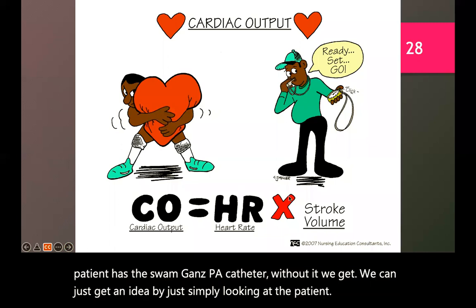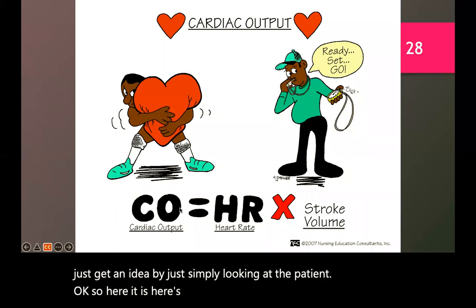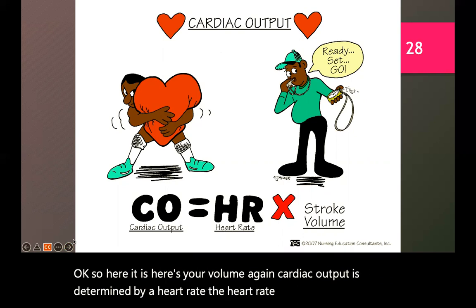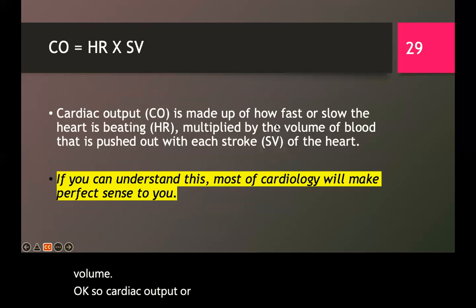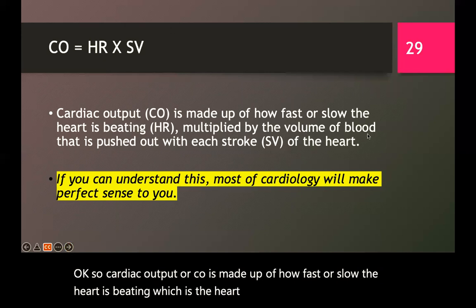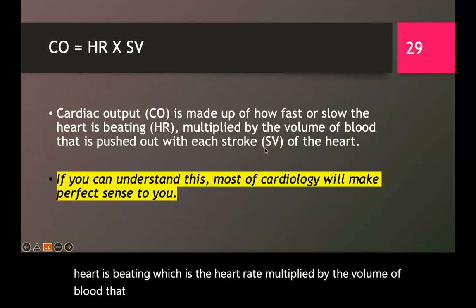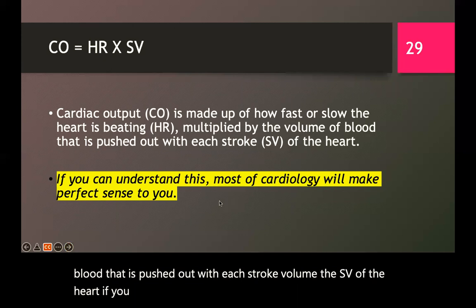Okay, so here it is. Cardiac output is determined by the heart rate times the stroke volume. So cardiac output, or CO, is made up of how fast or slow the heart is beating, which is the heart rate, multiplied by the volume of blood that is pushed out with each beat, the stroke volume, or SV, of the heart. If you can understand this, most of cardiology will make perfect sense to you.